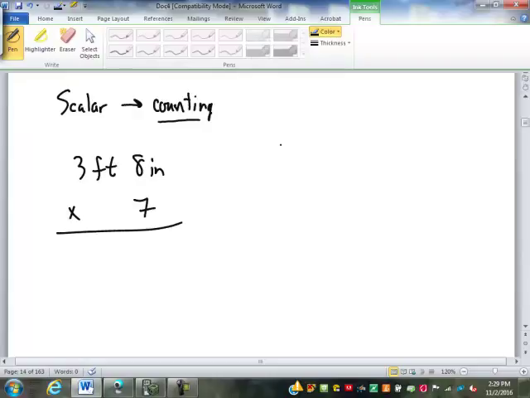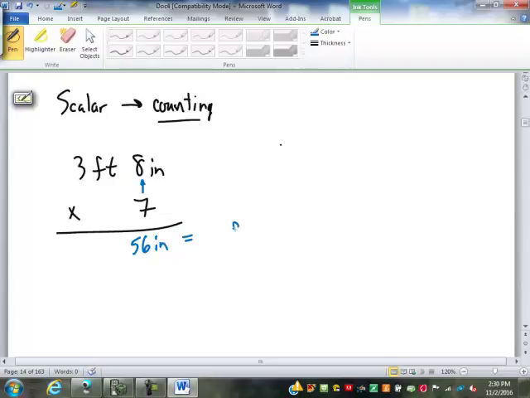Some people would convert this all into inches and multiply it and then convert it back into feet and inches, which would work fine. We're going to work with it just like this in the dual units. So we're going to do 7 times the 8 inches. 7 times 8 is 56, so that's 56 inches.